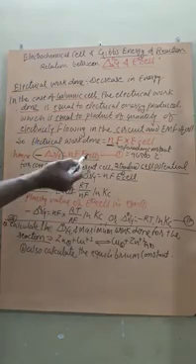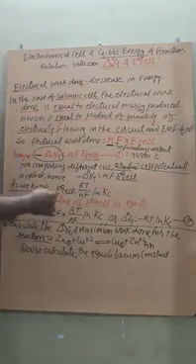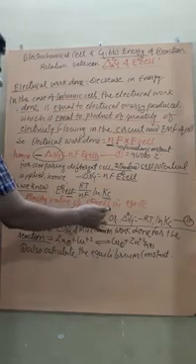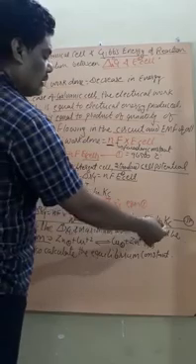Student, from the previous video we know that E standard cell is given by RT upon nF log Kc. That was the relationship between E standard cell and Kc. So placing the value of E standard cell, we get minus ΔrG is equal to nF into RT upon nF log Kc. The nF cancels, therefore ΔrG standard is equal to minus RT log Kc.